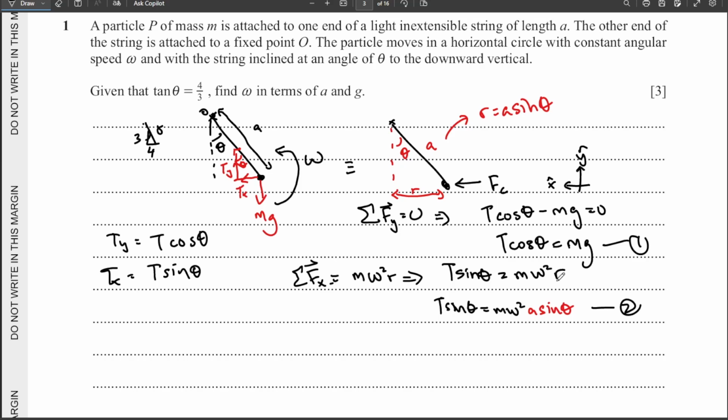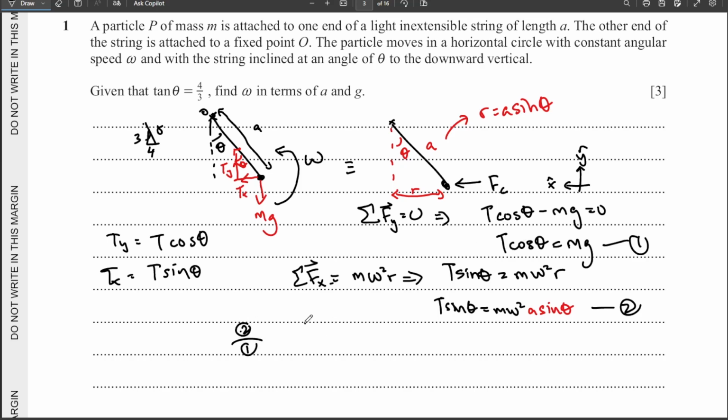Now we have unknown T, unknown m, and A, but A is not really an unknown because we can leave it in terms of that. g is also not an unknown because it's the gravitational acceleration. So we have three unknowns, T, and m, and omega. But we can use equation 2 divided by 1.